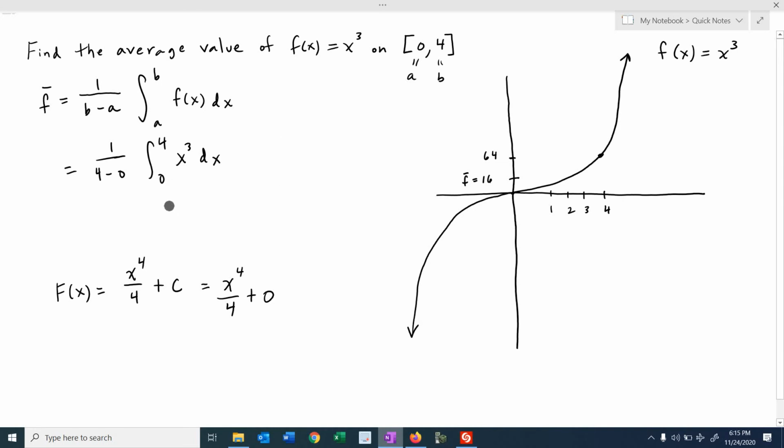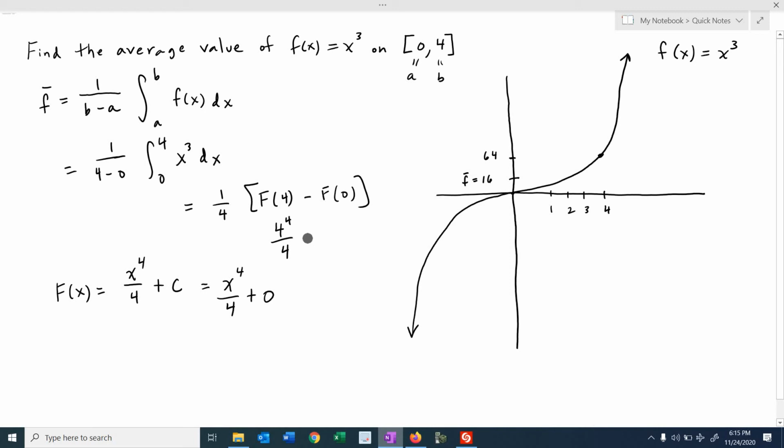And then to evaluate this definite integral, we just have to find F evaluated at 4, the upper limit, minus F evaluated at the lower limit, which is 0. Don't forget that all of this is going to be multiplied by this 1/4 that sits in front of this definite integral. So F of 4, we get 4 to the fourth power divided by 4.